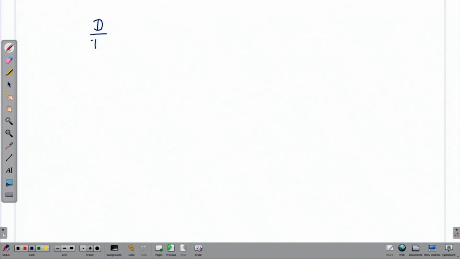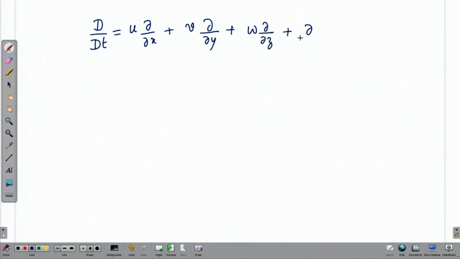The substantial derivative can be expressed as an operator, and we will introduce the del operator once again over here, because that will give us some convenience.